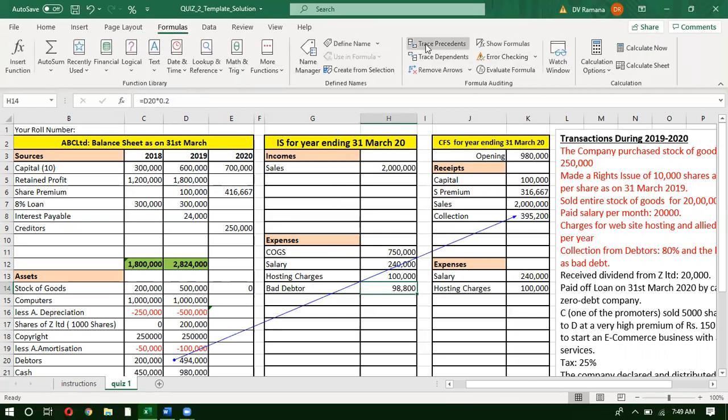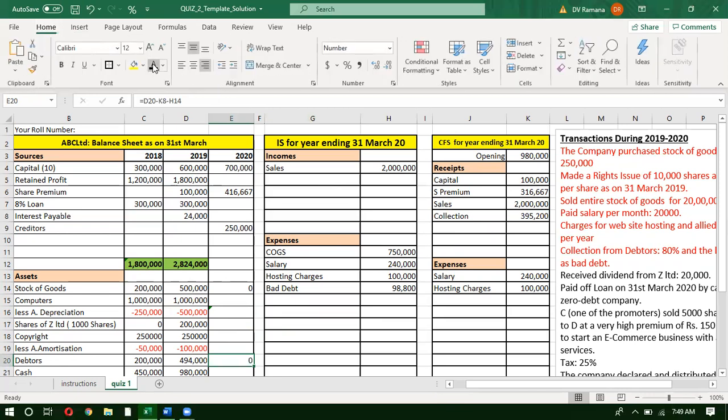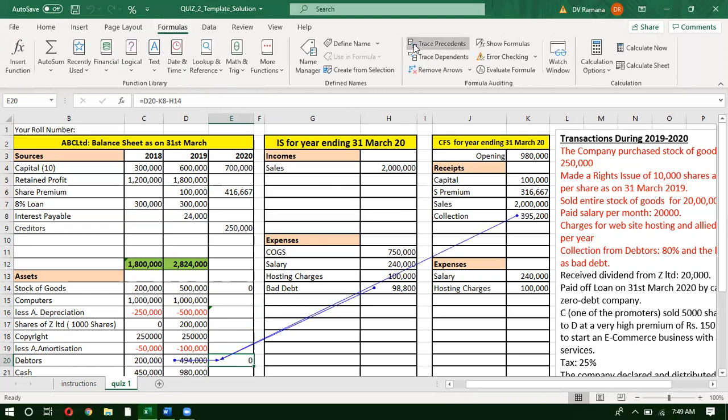So the balance 20% will be treated as a bad debt. Now, because of the collection and the bad debt, the debtors will become zero. So, opening debtors minus collection minus bad debt.